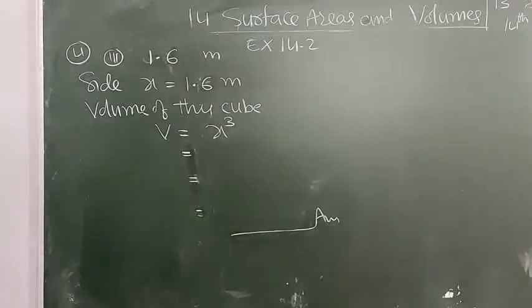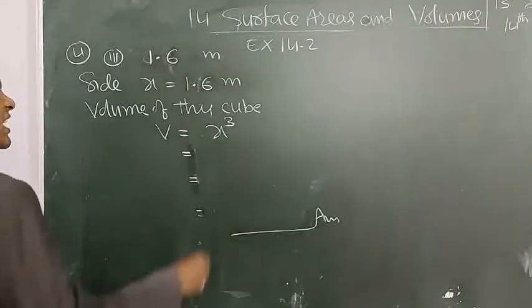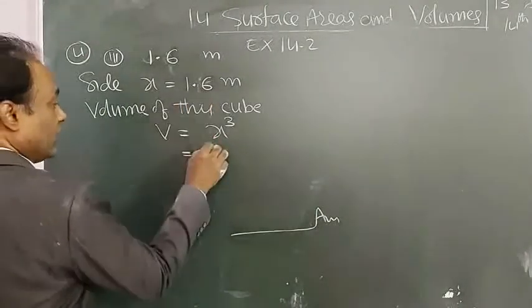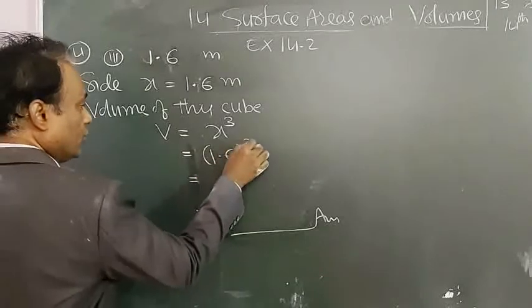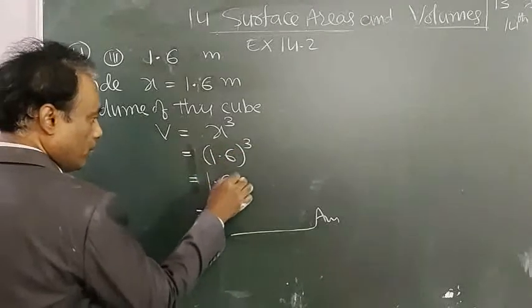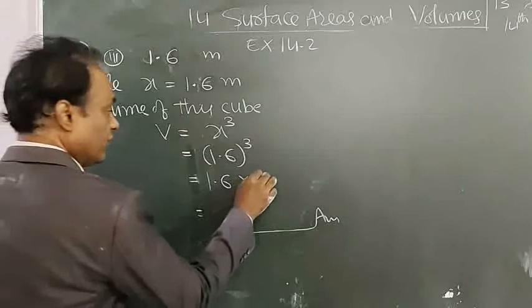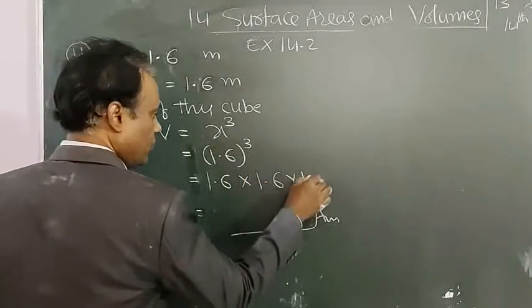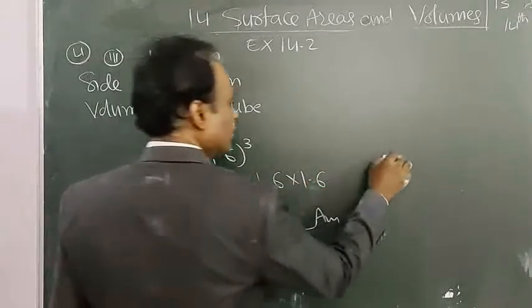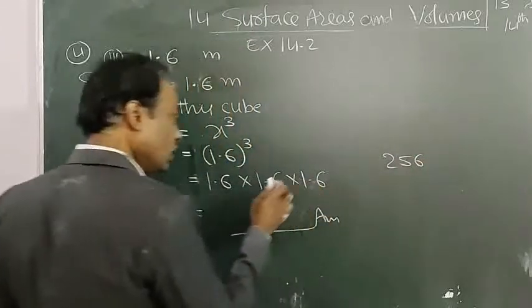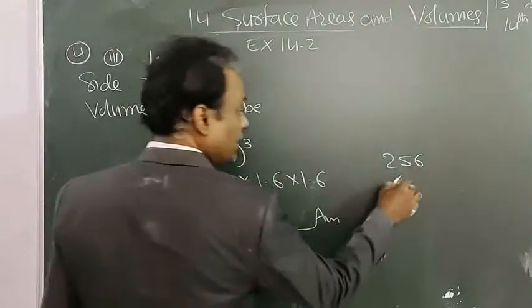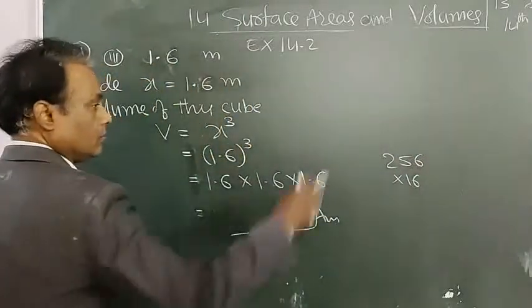Volume of the cube formula x cube, side is 1.6, so 1.6 whole cube, that means 1.6 into 1.6 into 1.6. 16 into 16 is 256, 256 into 16.